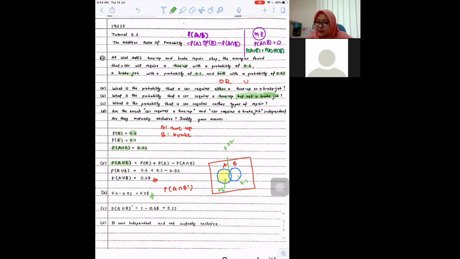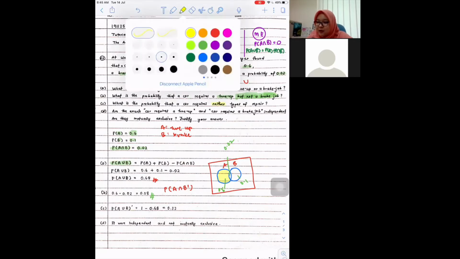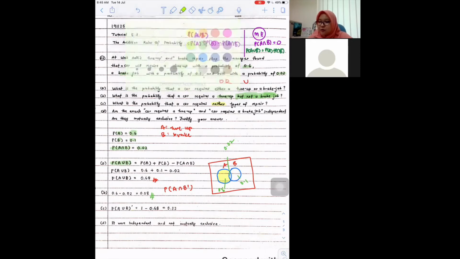Okay. For part C, what is the probability that a car required neither types of repair? Okay, neither types of repair, meaning that you don't want tune-up, you also don't want brake job. So this is the way to write it. Probability of (A union B) complement.